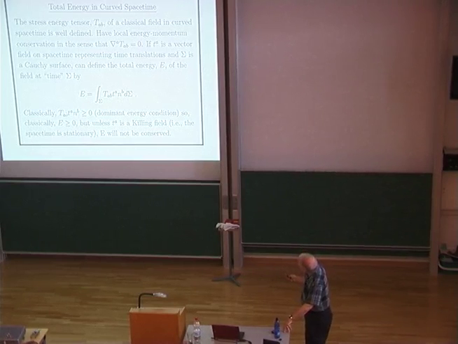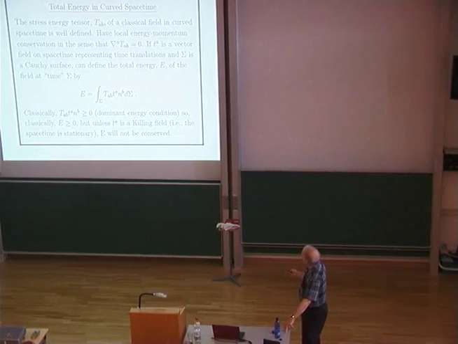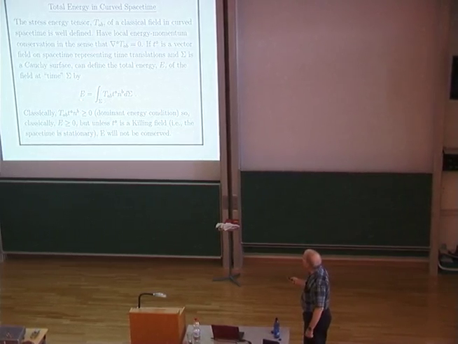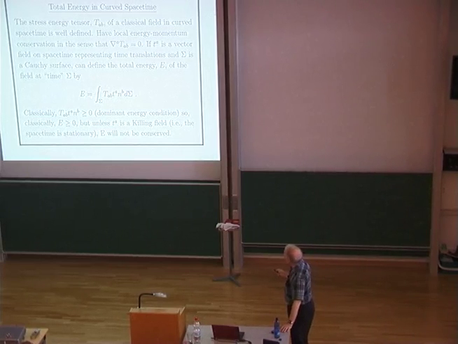For physically reasonable fields, the dominant energy condition holds, which guarantees the positivity of the integrand. And so classically, you have positivity of energy, but unless this T is a symmetry, which you won't have in general, you don't have any global conservation law of energy associated with that.